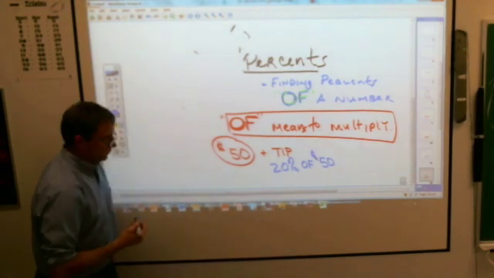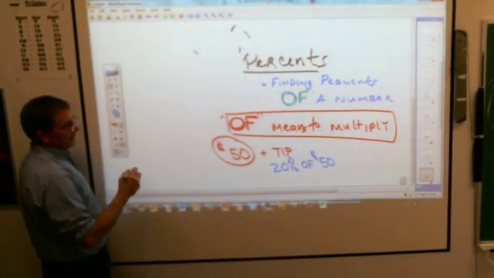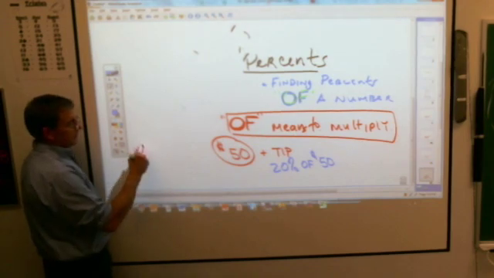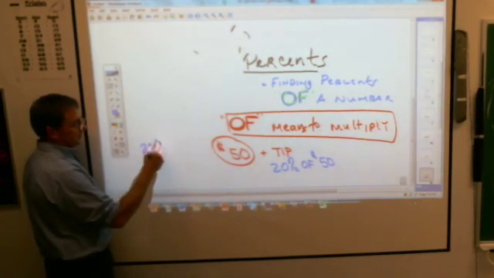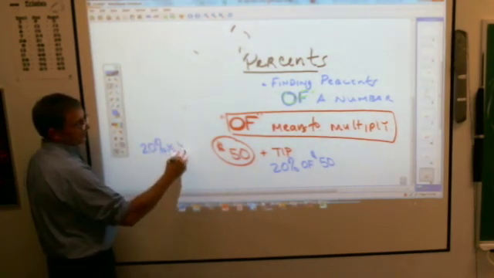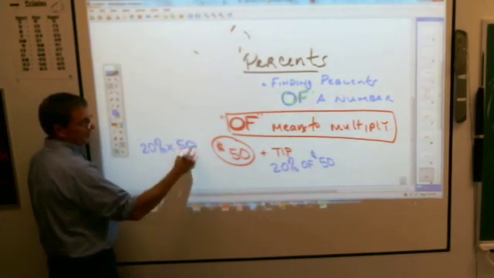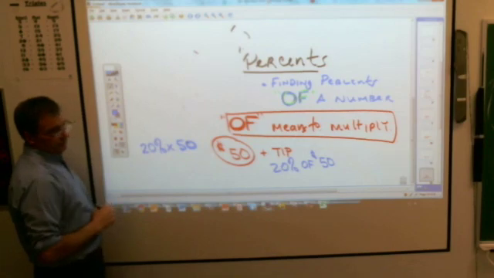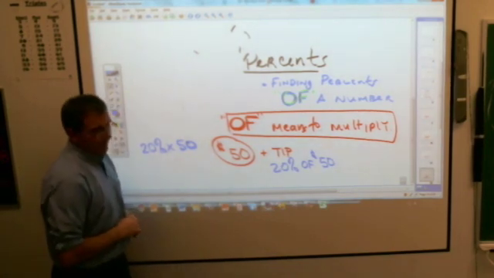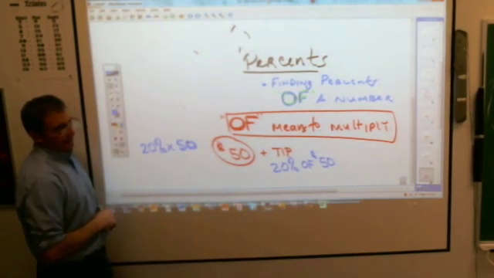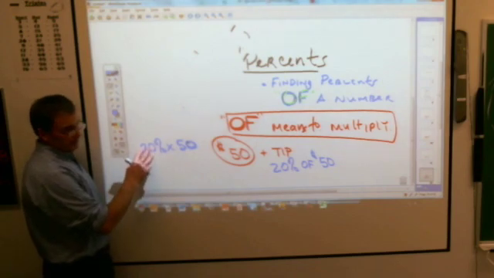Here's where things get a little snarky on that. Well, we know of means to multiply, so I need to find 20% times $50. Here is the second thing with percents. Never, ever, ever do we do operations, add, subtract, multiply, or divide, with percents.